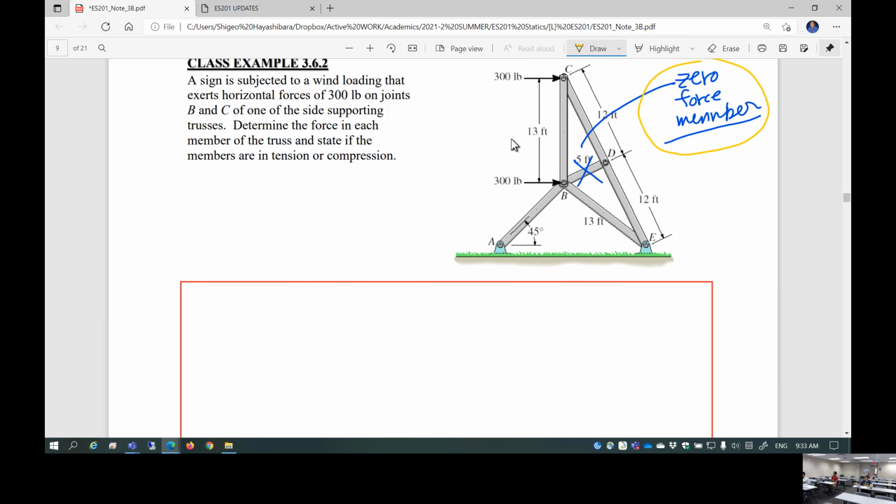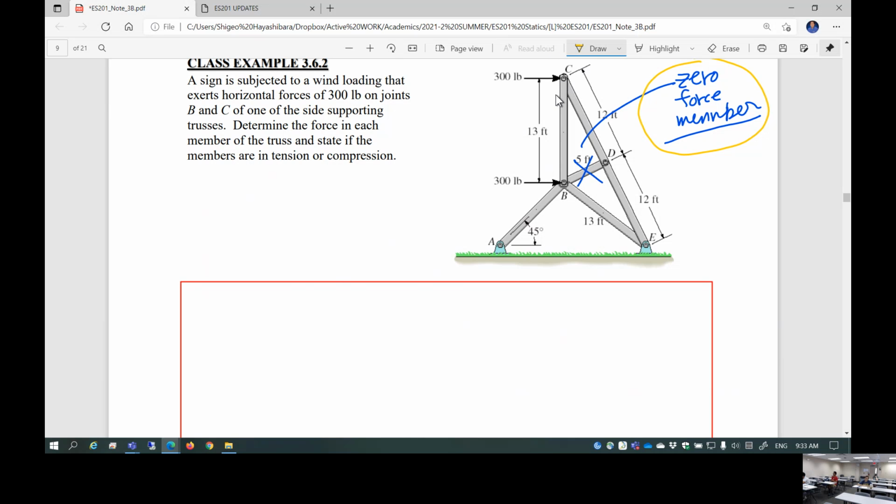I actually started all of a sudden with joint C. You know why? I don't need to know those support reactions, is what I'm thinking. Oh, do I need to know support reactions? This problem I actually didn't need to know. Okay, let's just begin with joint C.